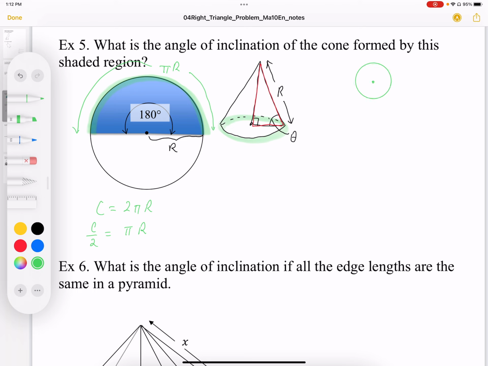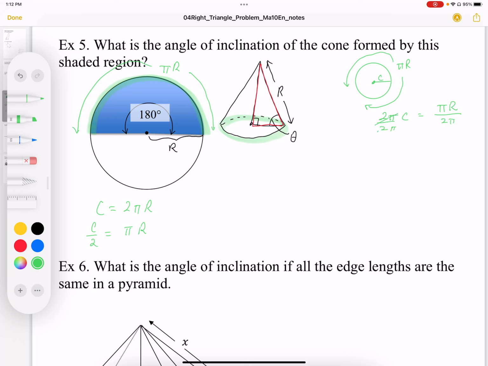This is going to be pi R, the distance all the way around. And we want to find the circumference of the smaller circle. I'm just going to label that as C for now. And that distance there, C, is going to be the full circumference, pi R. And since it's 2 pi times the radius, I'm going to divide both sides by 2 pi.